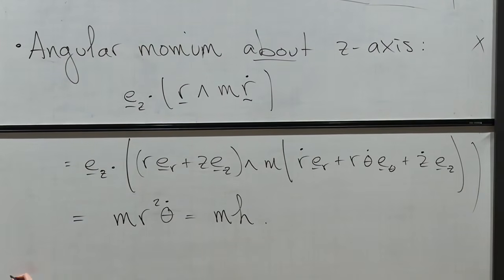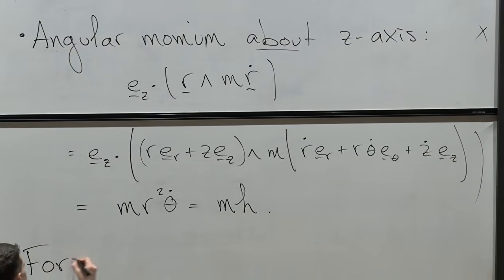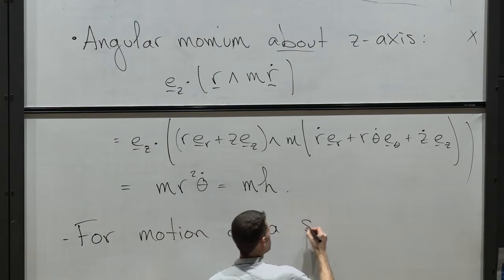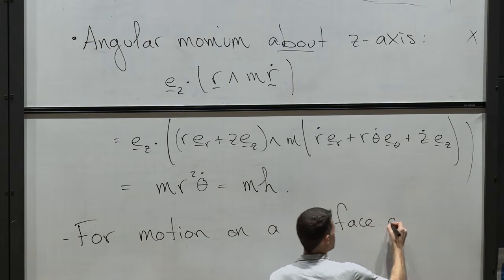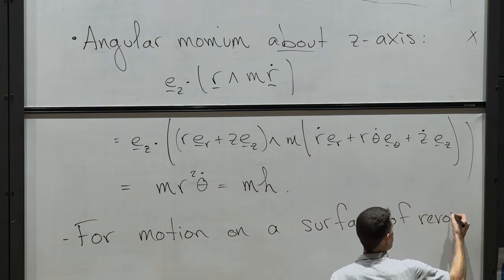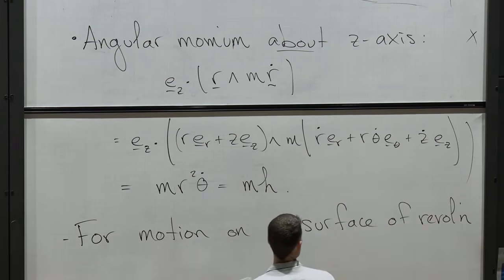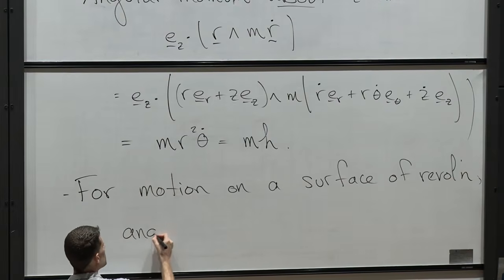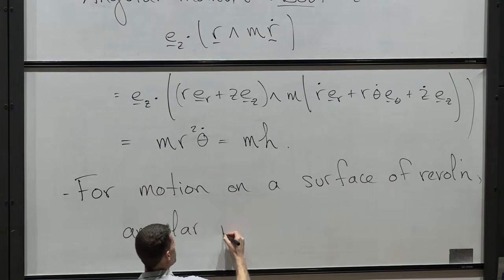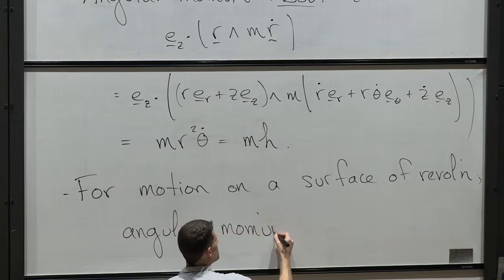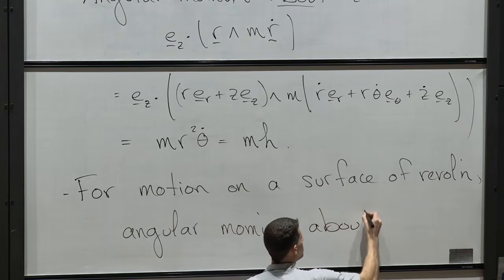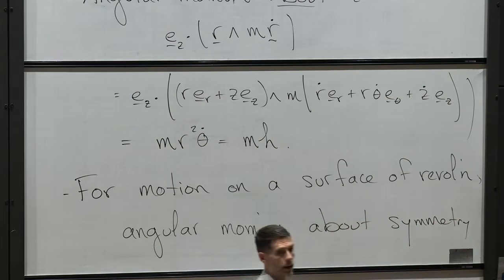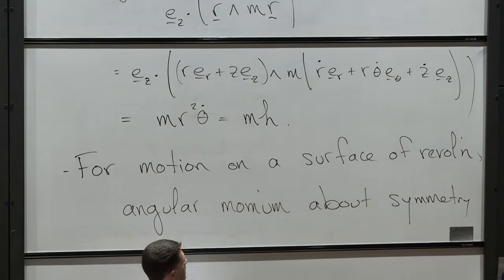In other words, we can say generically that if I have motion on a surface of revolution, angular momentum about the symmetry axis is conserved.